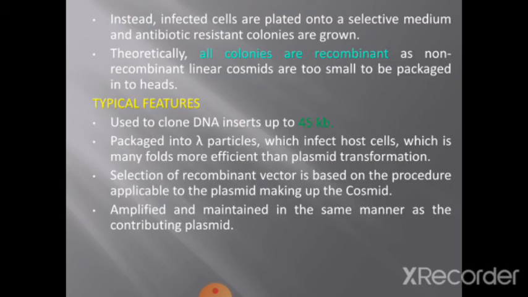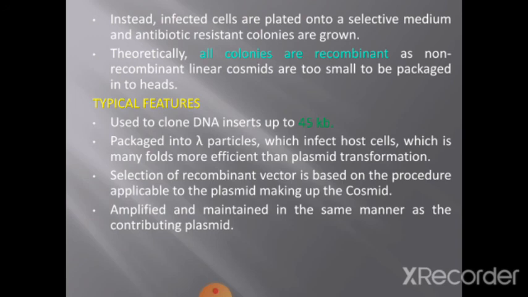So theoretically, one advantage is that all colonies are recombinant, because non-recombinant linear cosmids are too small to be packaged into heads. So by rule, if you get a colony, invariably it is going to be a recombinant colony.